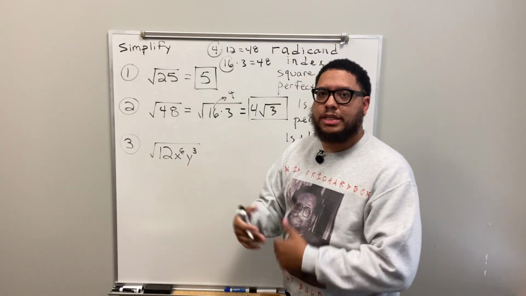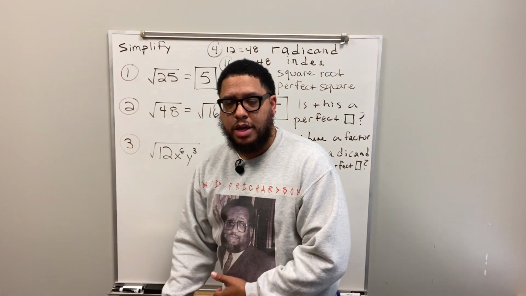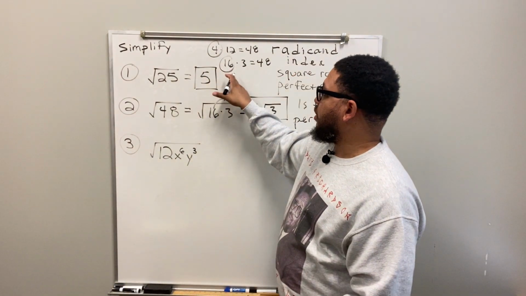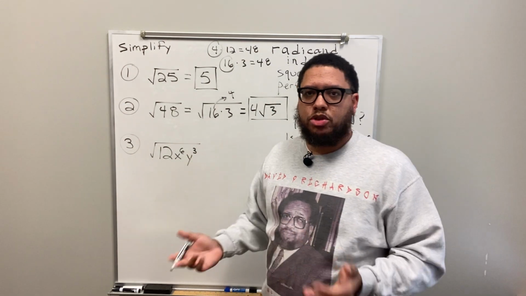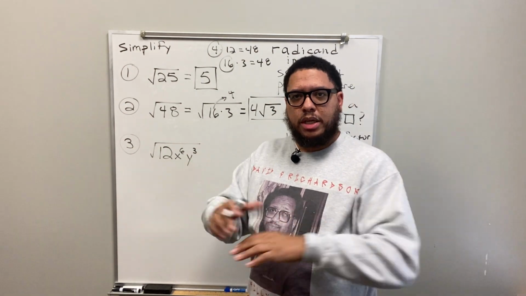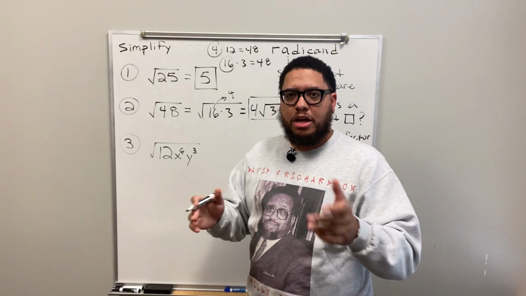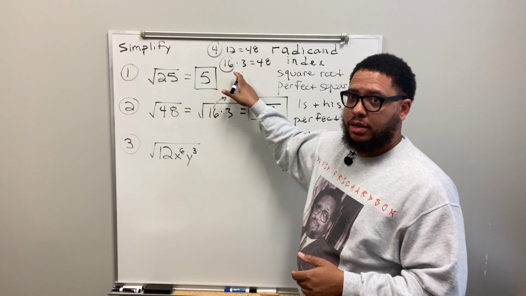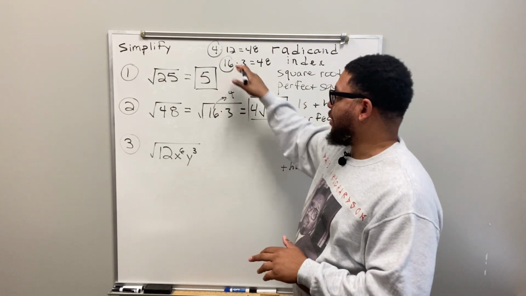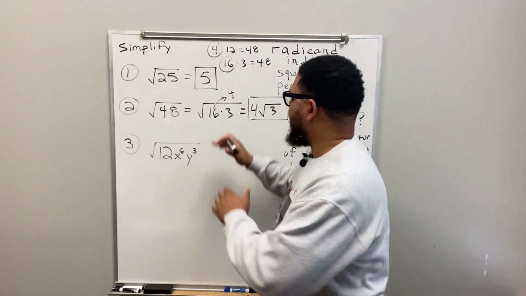So then I'm going to have to do that same step over again. If you pick the biggest perfect square, then you only got to do this step one time. So why would you do a step twice when you can do it just once and get it out the way and be done? Think about that. Always pick the biggest perfect square factor, right? Not just any perfect square factor, but the biggest. All right, so that's done.